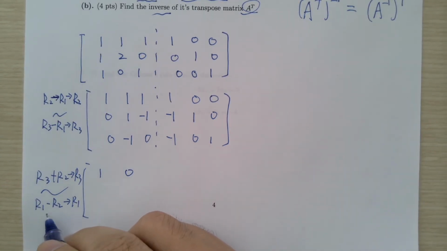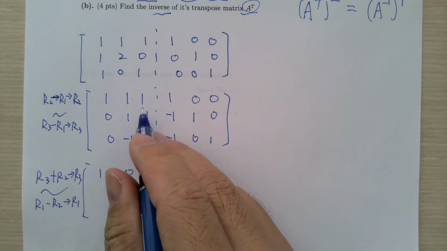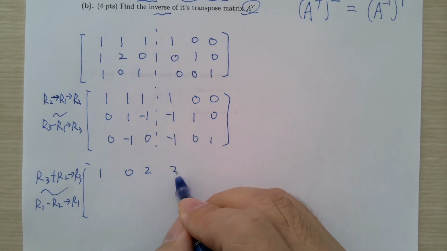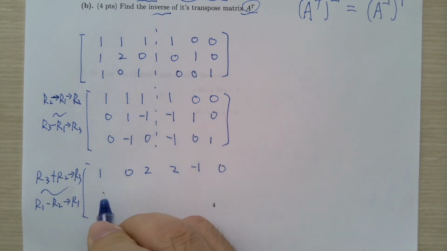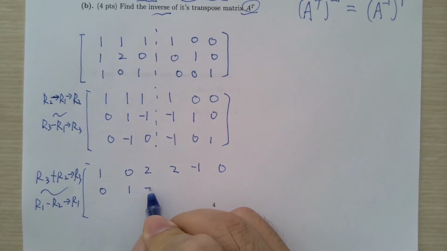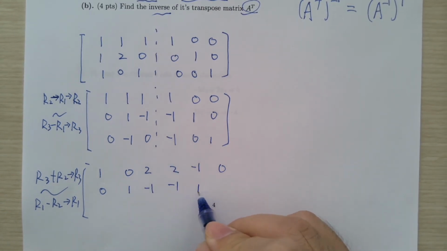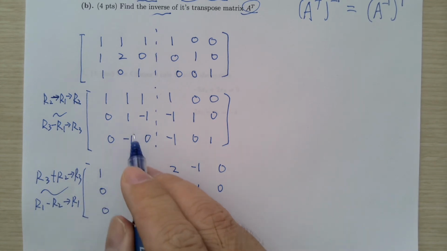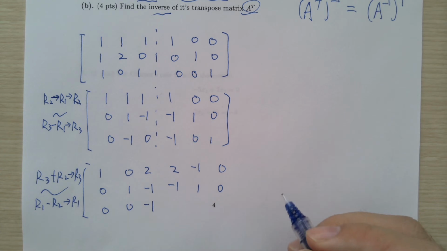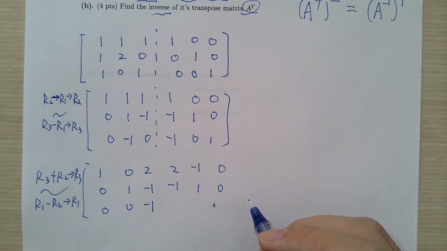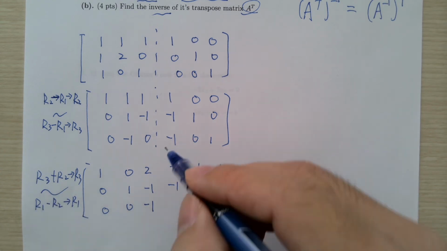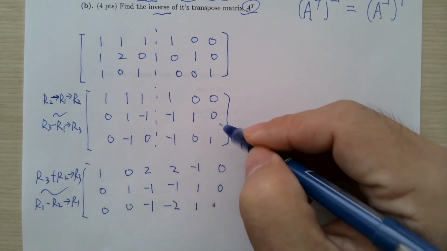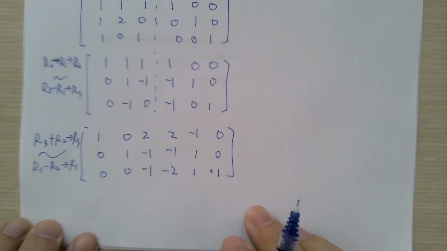R1 minus R2: this is 2, this is 2, this is negative 1, this is 0. R2 nothing changed: 0, 1, negative 1, negative 1, 1, 0. And use R3 plus R2 becomes new R3: 0, 0, negative 1, negative 1, 1, 1. Okay, this is what we have here.